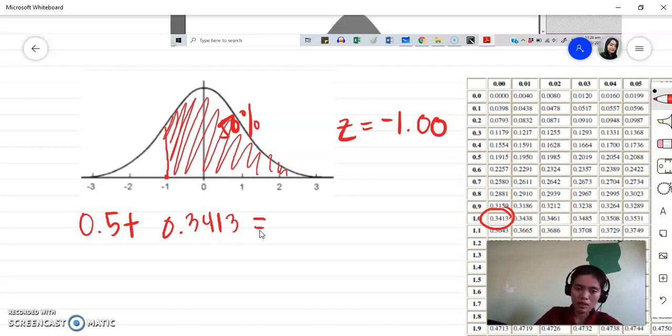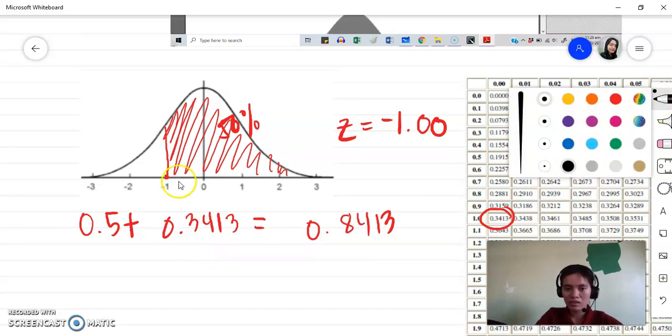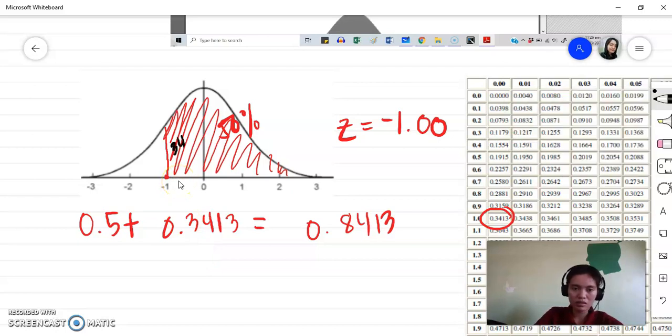Okay, add, you have 0.8413. So that's the total area. Now this is 34.13%, from 0 to negative 1.